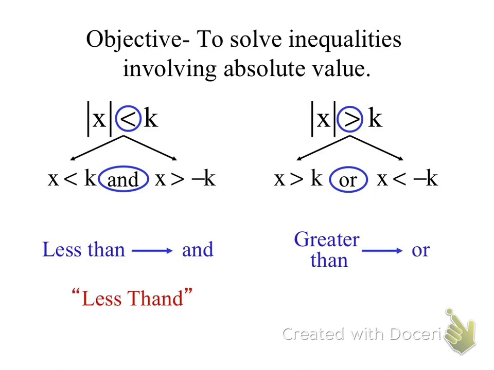So I use these phrases: less than, everybody say less than, and greater than. When the greater than is touching, it is an or statement. An or statement, now we're working backwards, is a union. A union should look like what on the number line? One or two lines? Two. Good. An and should look like what on a number line? One line, right?